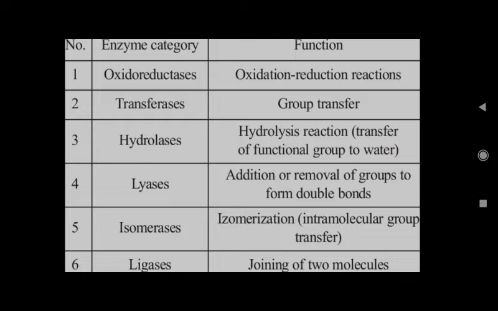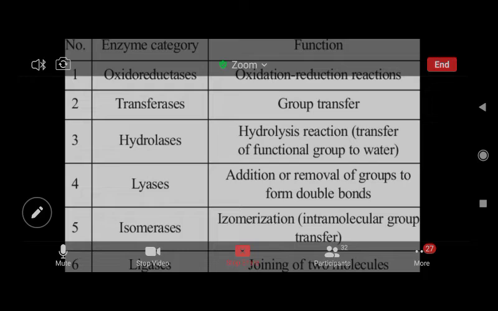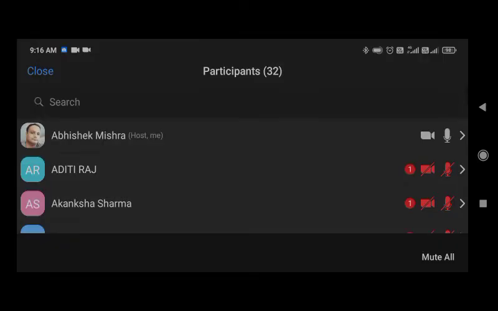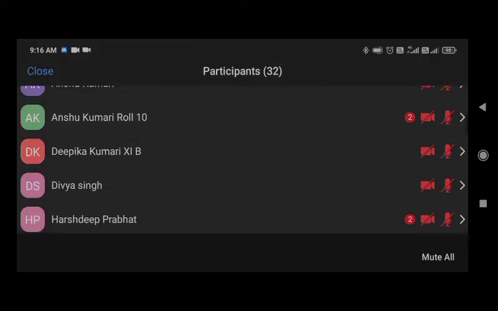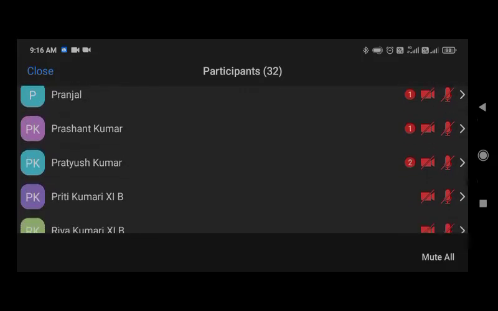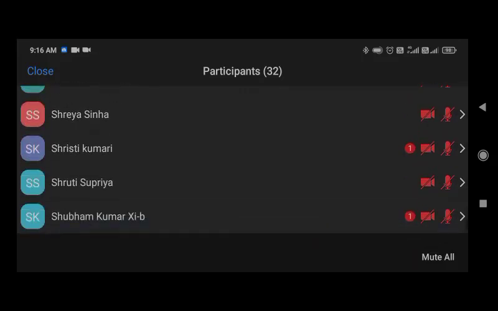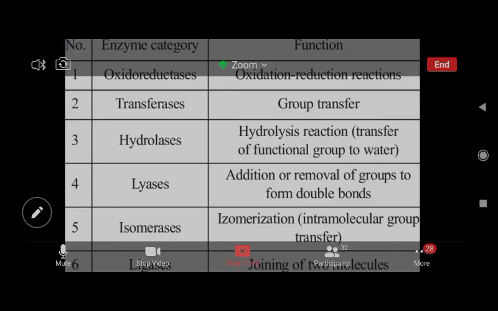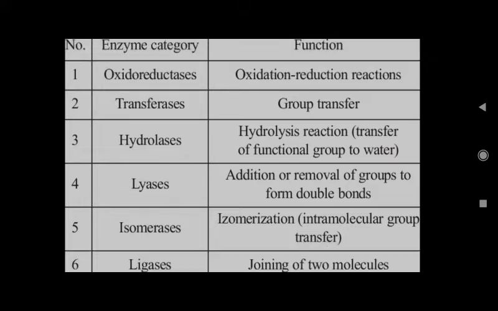In which part is it present? Very good. Yes, I got the quick response. Correct. In mitochondria. Very good.